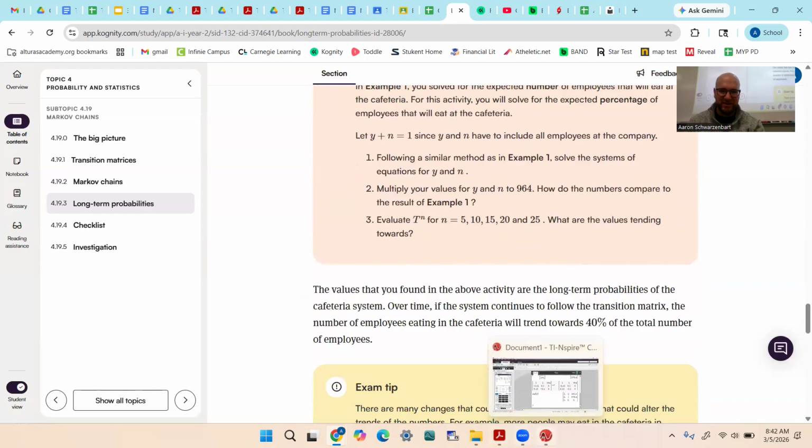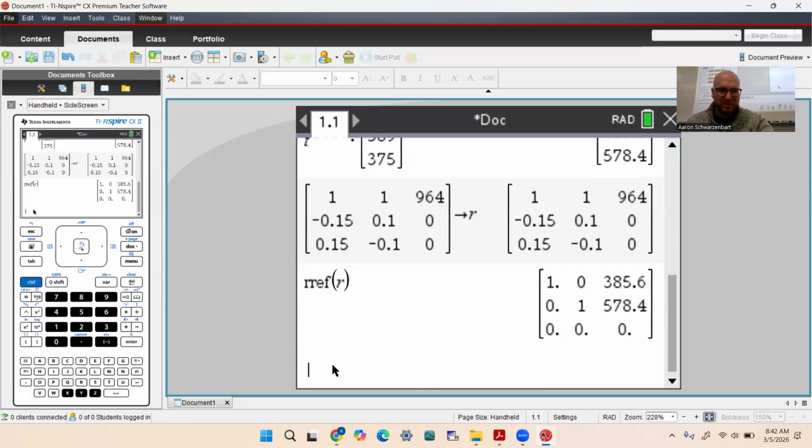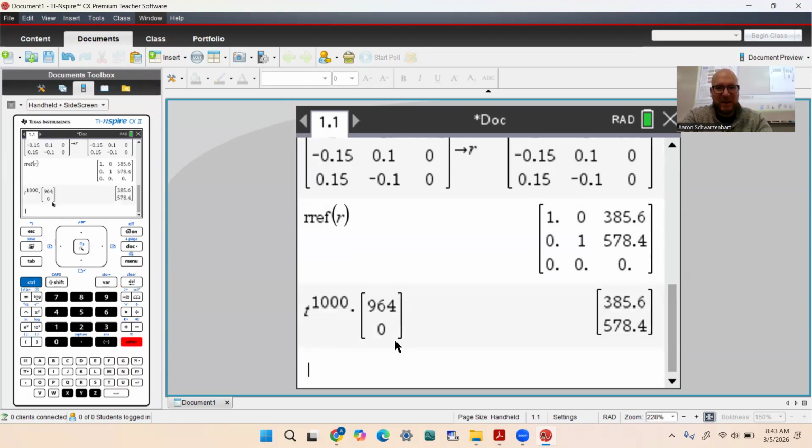If I went back to this example here, t to the 1000, as long as I keep my numbers the same, as long as I keep the same number of total employees, I still get the same steady state vector.